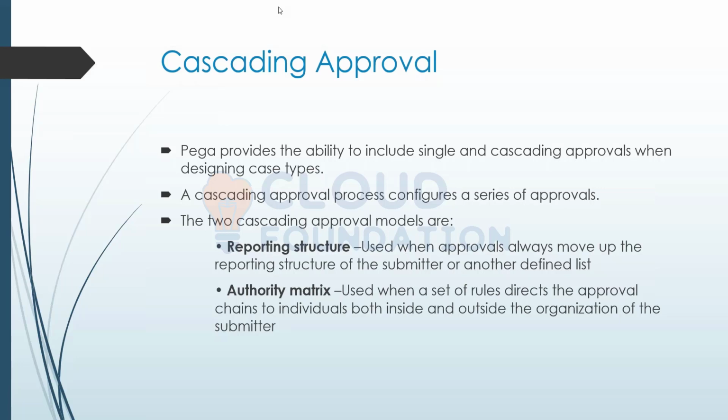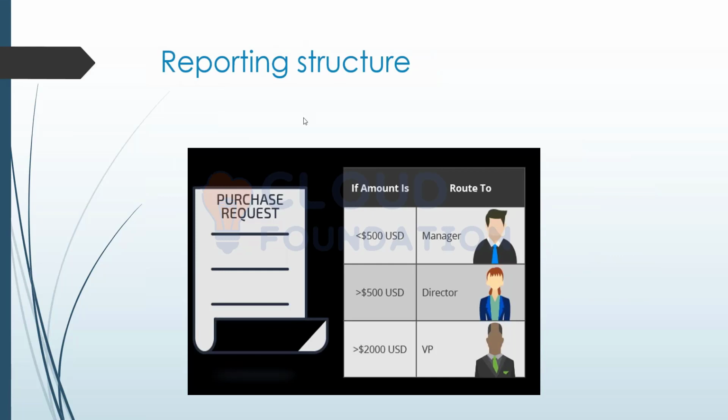So a series of approvals are required, and all of these are in the reporting hierarchy, because you report to your manager, manager reports to director, director reports to VP. So reporting structure based hierarchy is when the people belong to the same reporting hierarchy.